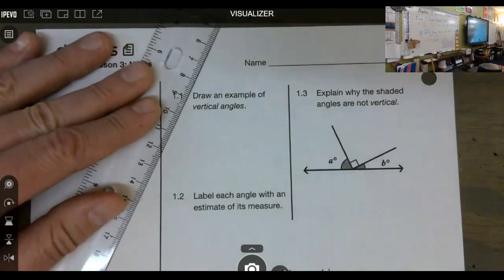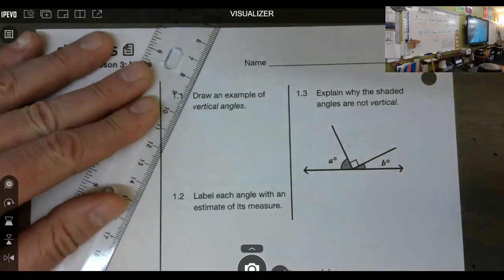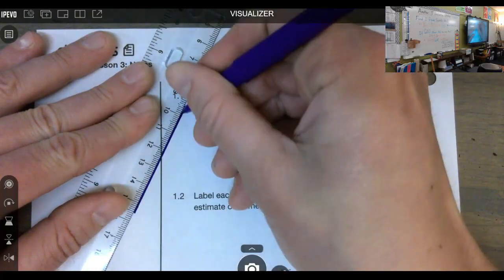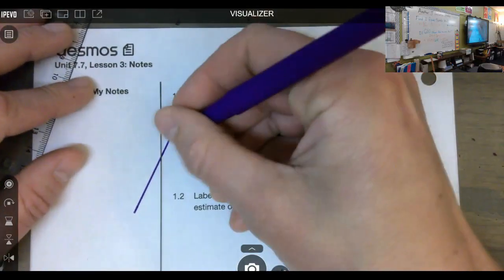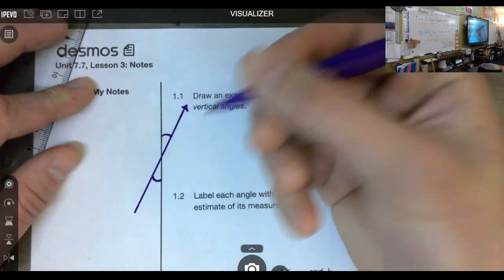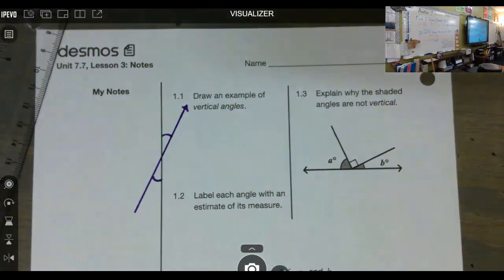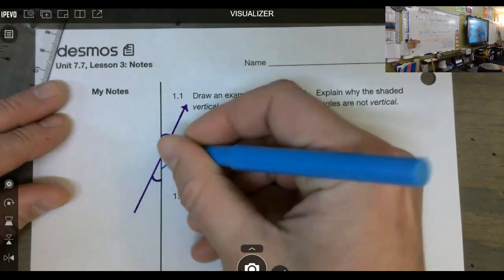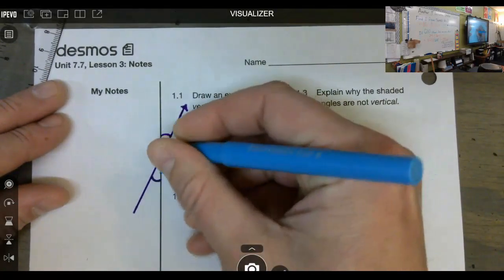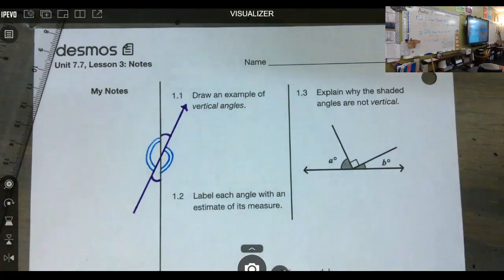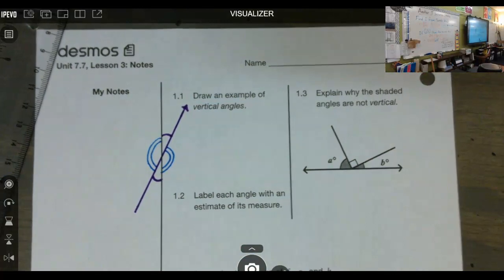So if I want to draw an example of vertical angles, I can just draw another straight line. And then I can label this angle, and this angle would be equal to each other. But also what that means is this angle, my blue angle now, and this angle would also be equal to each other.